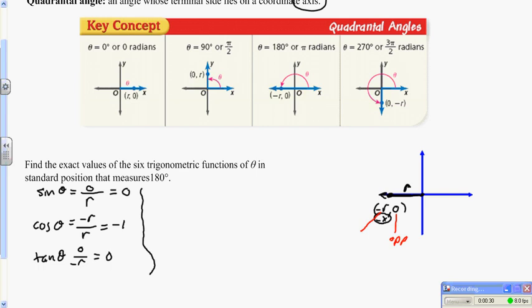The x value was considered the adjacent side of a right triangle. And if it's on the axes, then the radius will be one of those two. In this case, since it's on the x-axis, the radius will be the same length as your x value, but positive. So I wrote negative x down there in a circle to tell you that it went left.